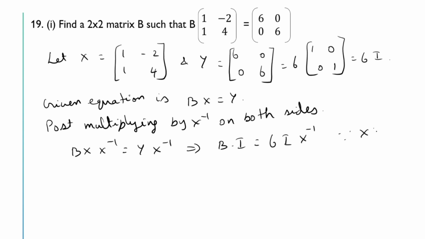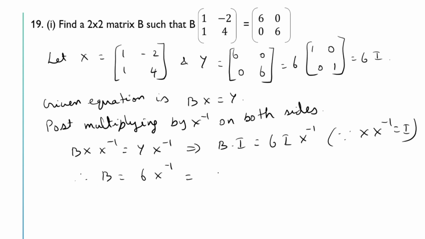Since X X inverse is equal to I, therefore B is equal to 6 into X inverse. So we have got B is equal to 6 into X inverse. Now we can find X inverse and multiply by 6 to get B.